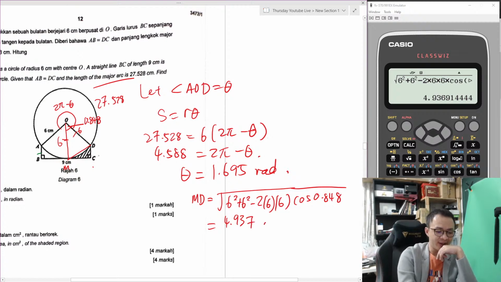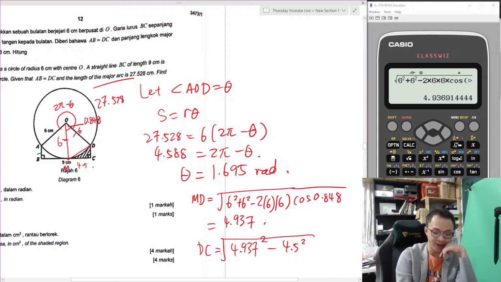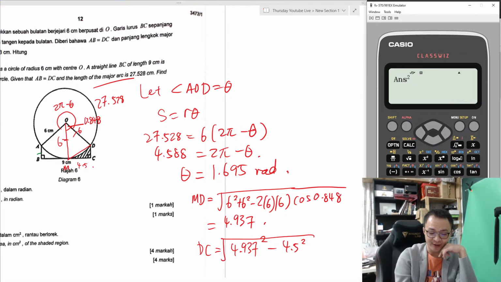Then I have the bottom is 4.5, so I can know the length of DC by doing Pythagoras. DC is square root of 4.937 squared minus 4.5 squared. I got the length of DC is 2.031.